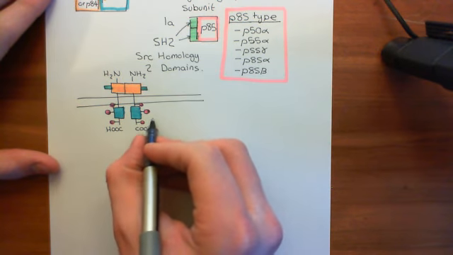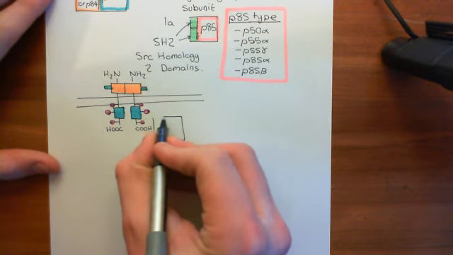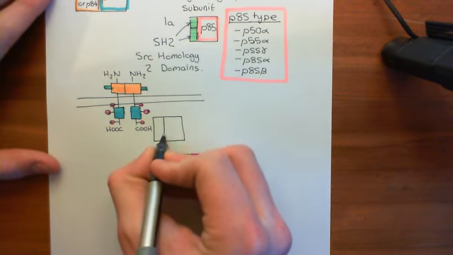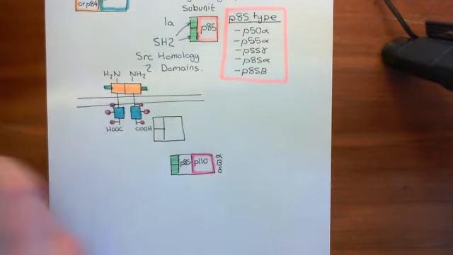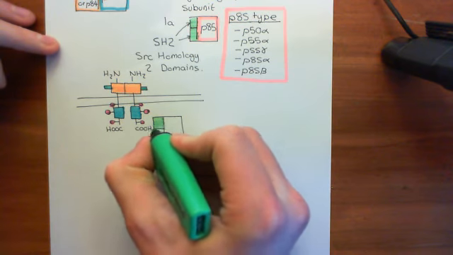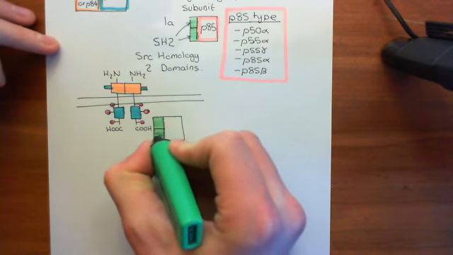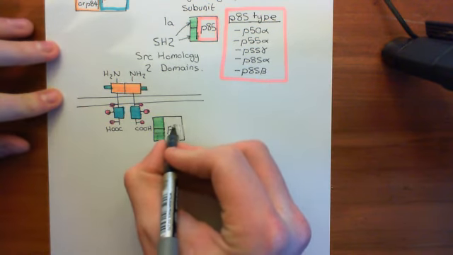These SH2 domains of the regulatory subunit of the PI3 kinase enzyme are going to bind to the phosphotyrosine residues on the intracellular aspect of the receptor tyrosine kinase. Okay, so here we have our 2 SH2 domains on our P85 type regulatory subunit, here.